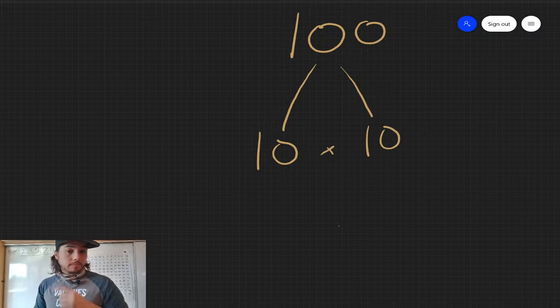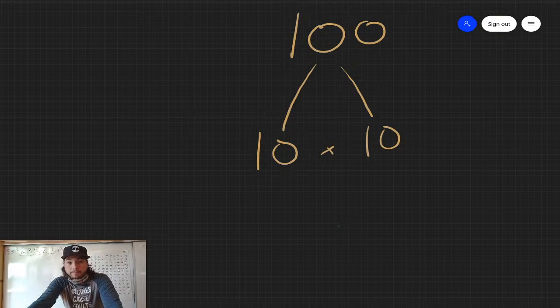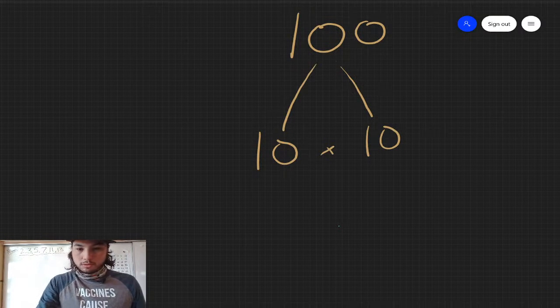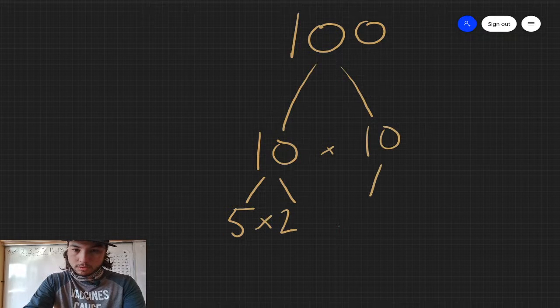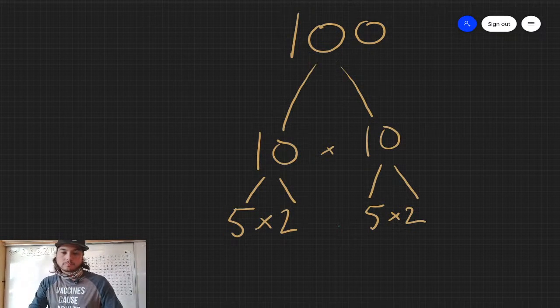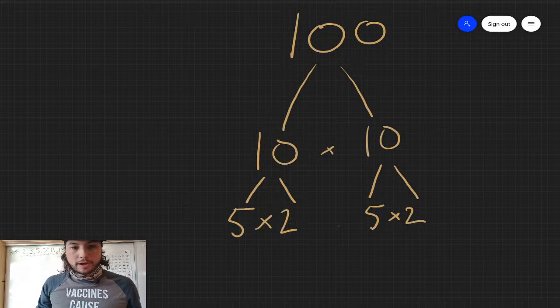Now, are we done? Is 10 prime or composite? Remember, if it's composite, keep going. And I see 10 is 5 times 2. So let's simplify that further. 5 times 2, 5 times 2. Are all these prime, is 5 prime and 2 prime?